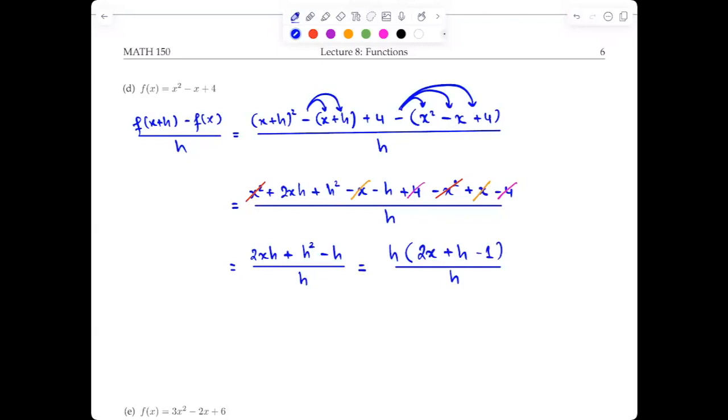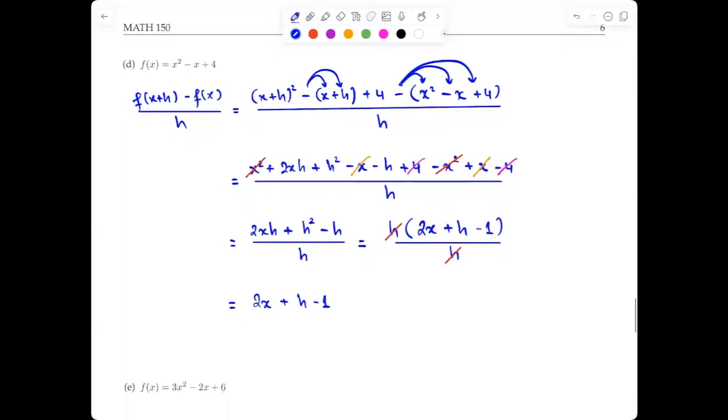Then you can simplify h at this point. And you're left with 2x plus h minus 1. Okay.